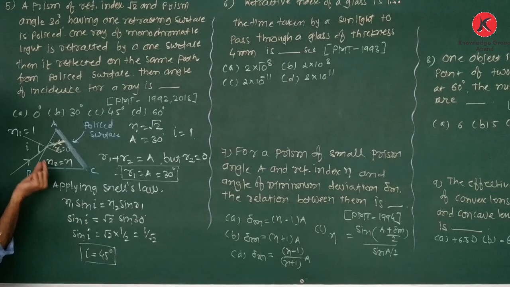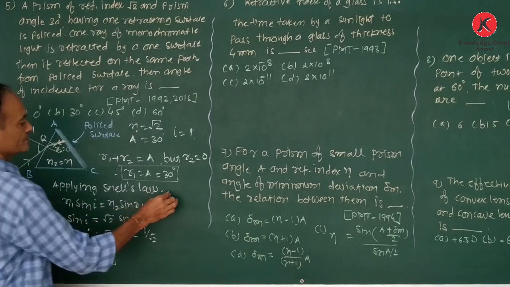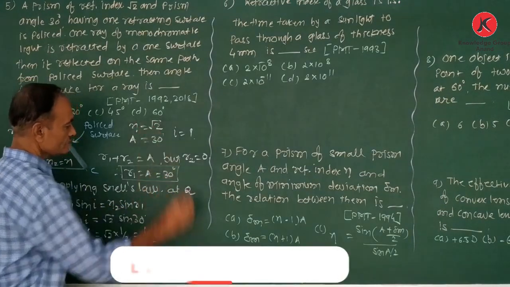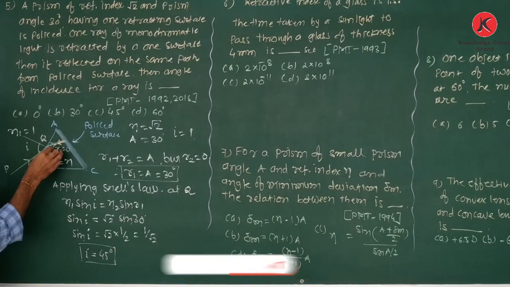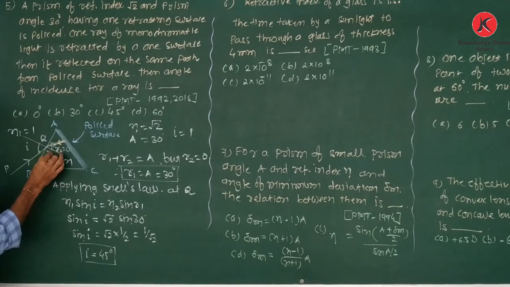Now we apply Snell's law at the point of incidence, that is at Q. Therefore, n1 sine I is equal to n2 sine I1. This angle is I, and I2 is 0.